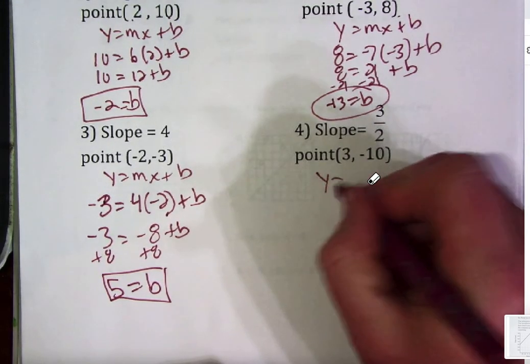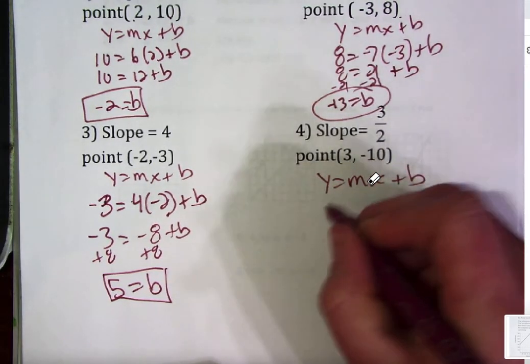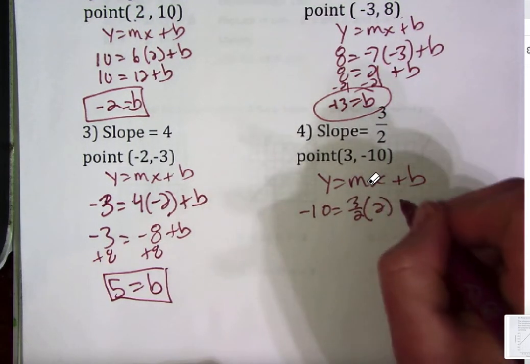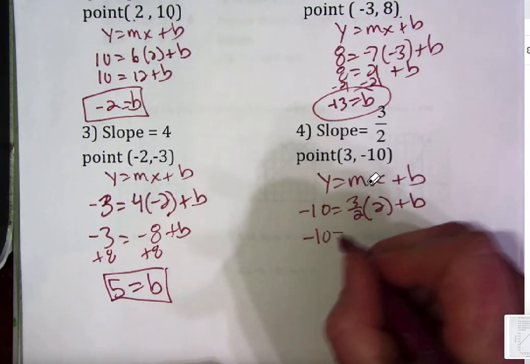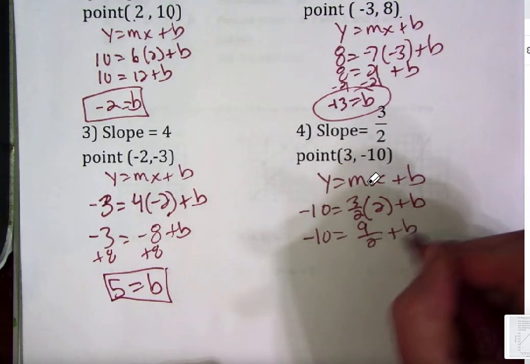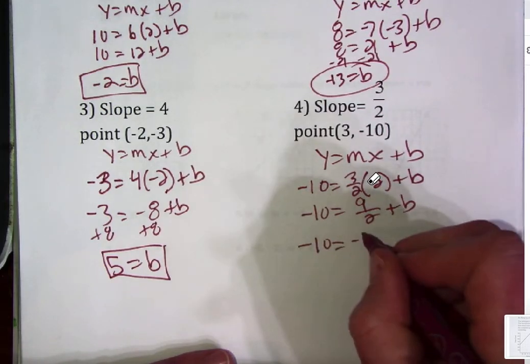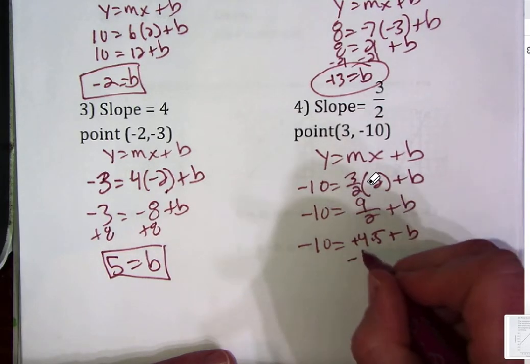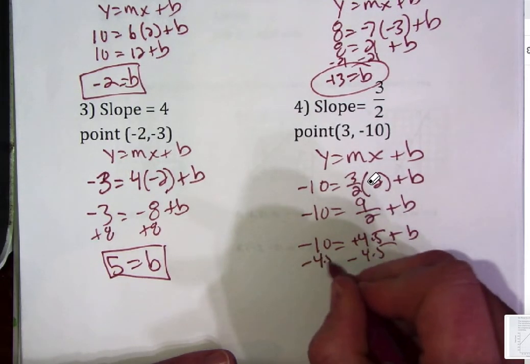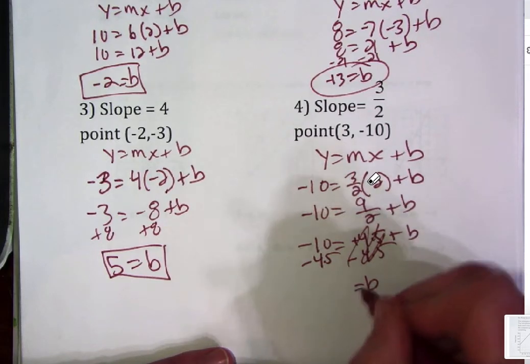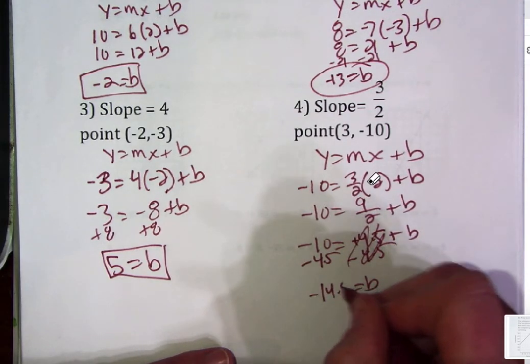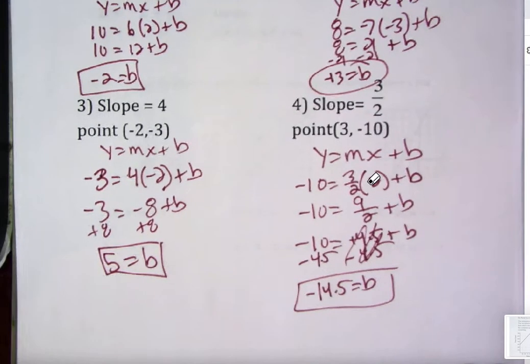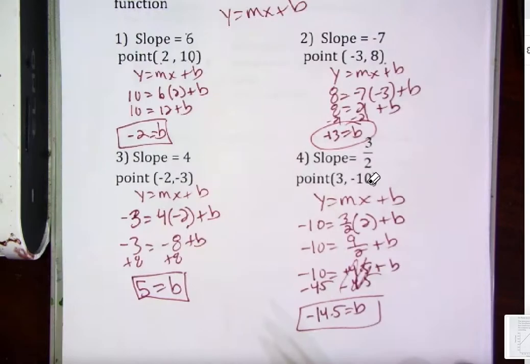And again, plug in what we know. Okay, so those are the y-intercepts for all 4 lines.